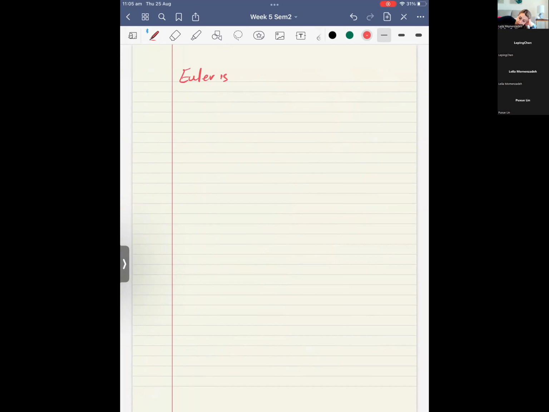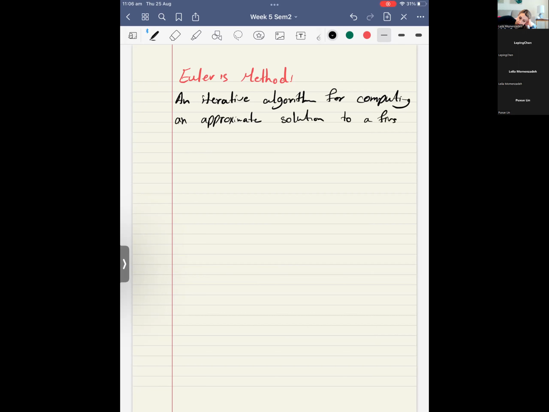Euler's method is an iterative algorithm for computing an approximate solution to a first order IVP.